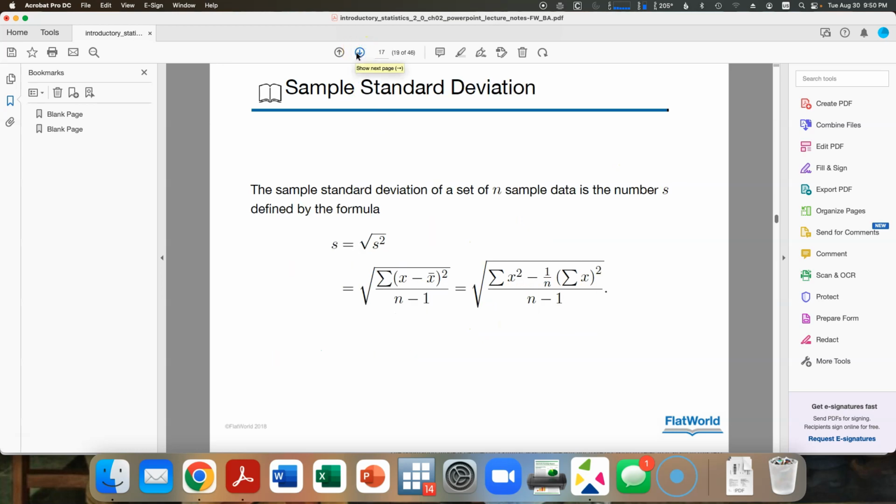Now, the reason why we do this is to start to get to a sample standard deviation. Now, what this does for us is it helps us basically talk about, again, that distribution of the data, the way in which data deviates from the center.